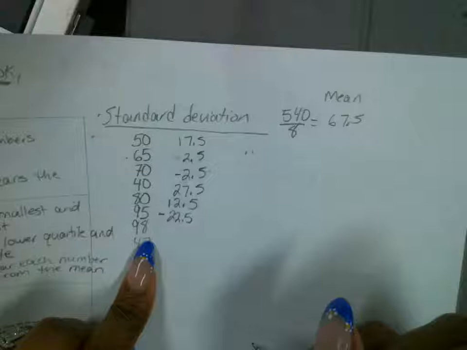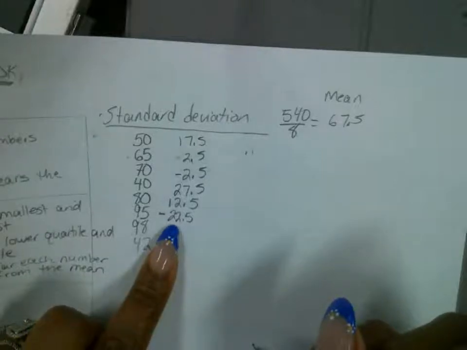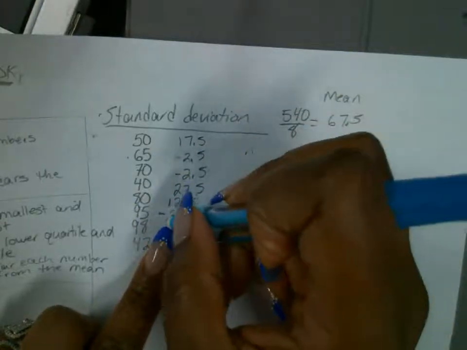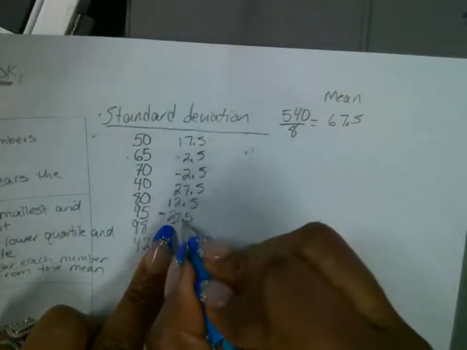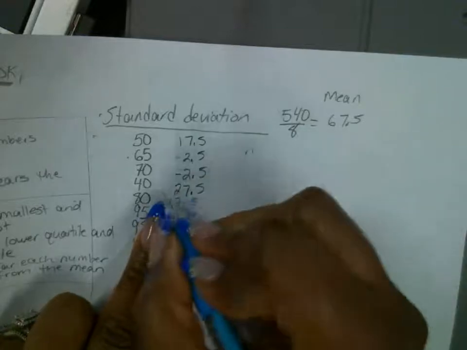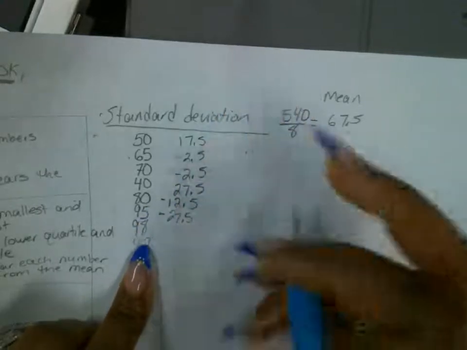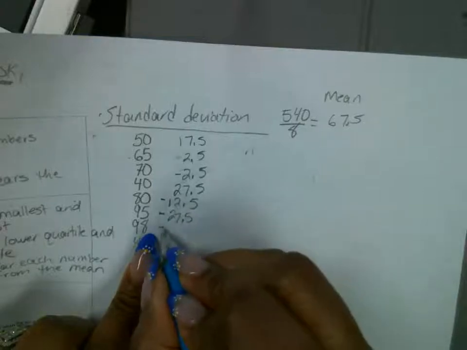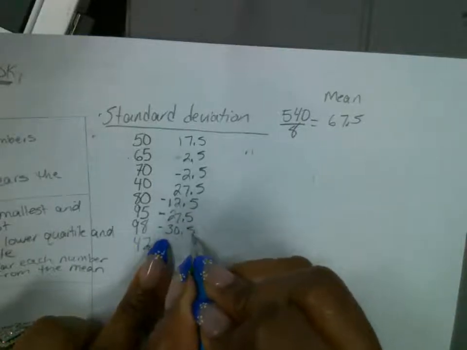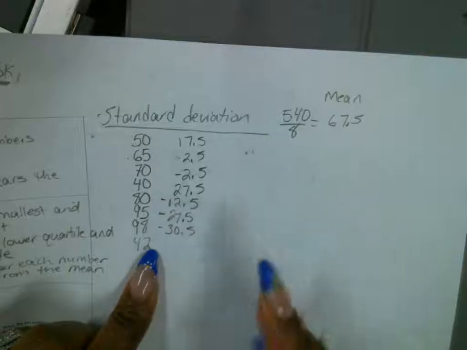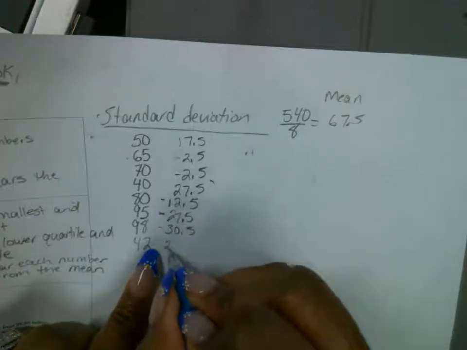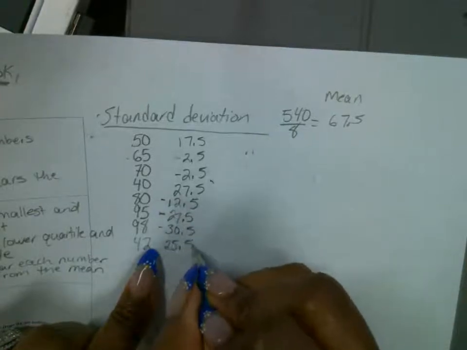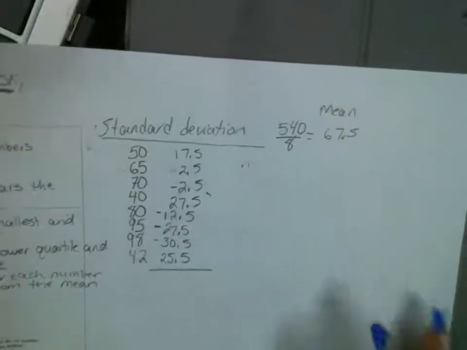Oh yeah, negative. Negative 27.5. And this should be negative 2. All right, what should this one be? Negative 30.5. And the last one should be 25.5. All right, so now let's add these together.